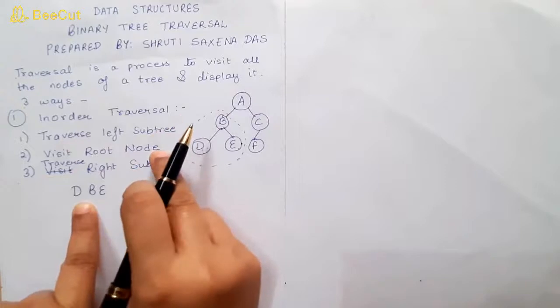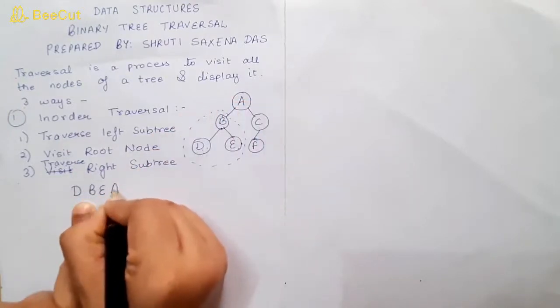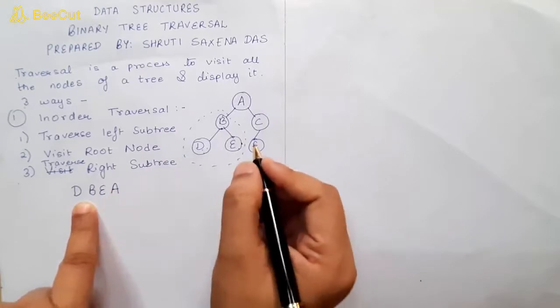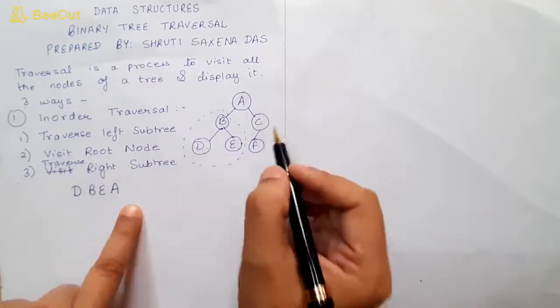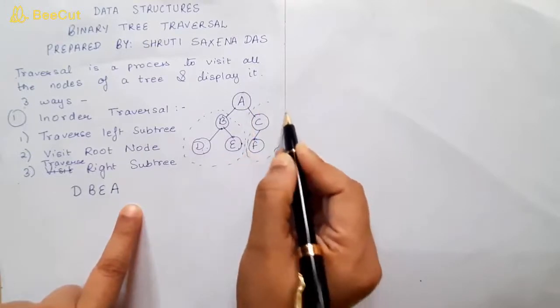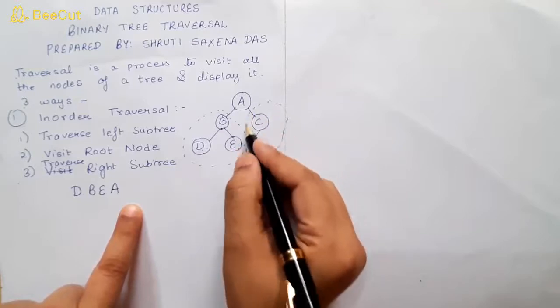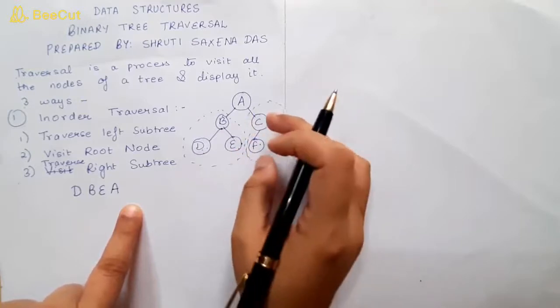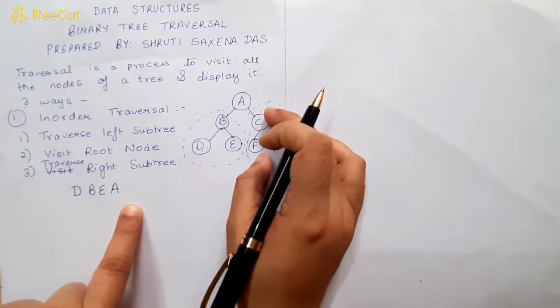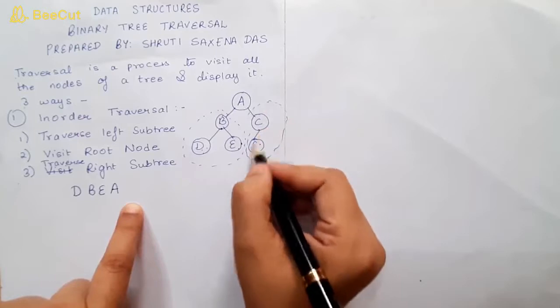Now the next thing is to traverse the root node. So we'll visit the root node, A. After that, the third step is to traverse the right subtree. The right subtree means this part, C and F. Again control will go to this right subtree. We'll treat it as a separate tree in which C is the root node and F is the left child.